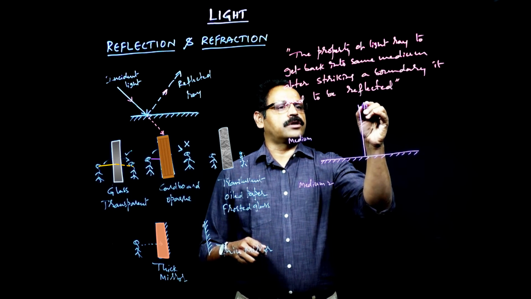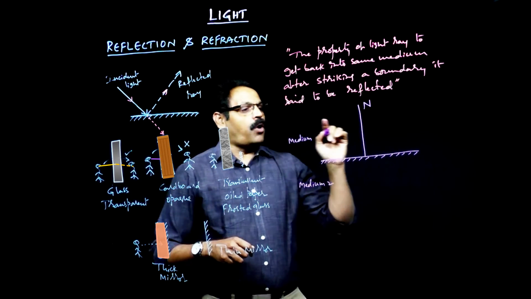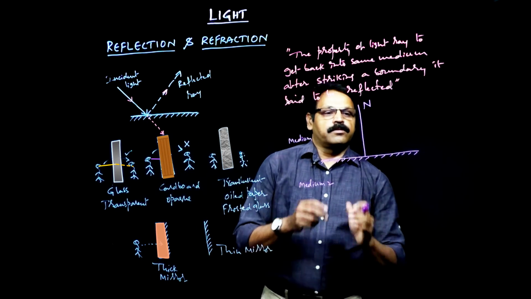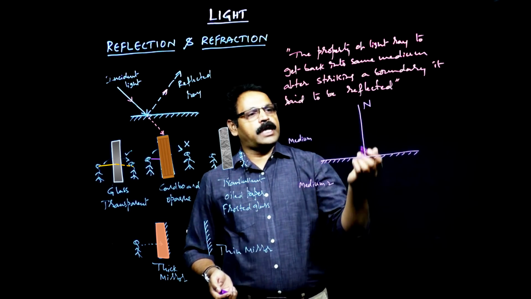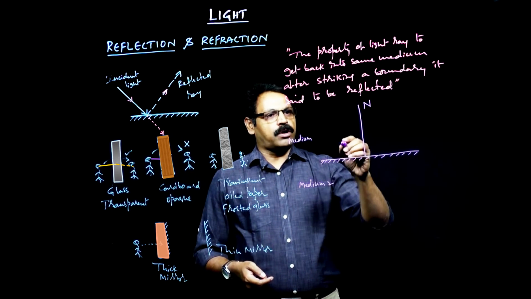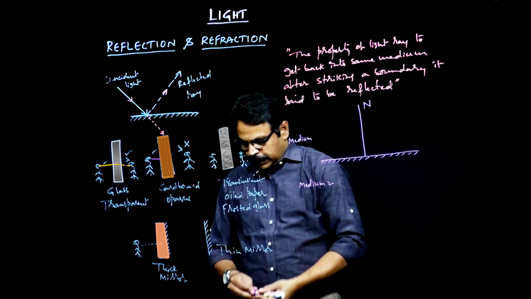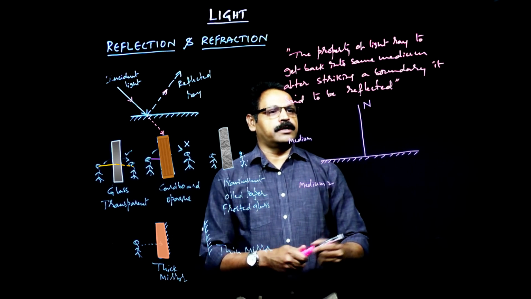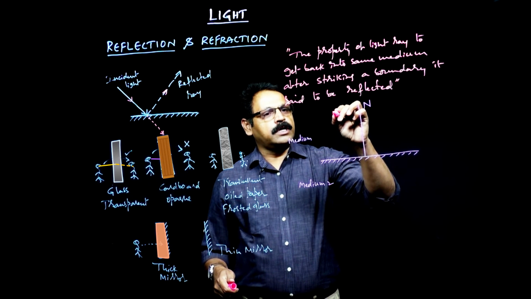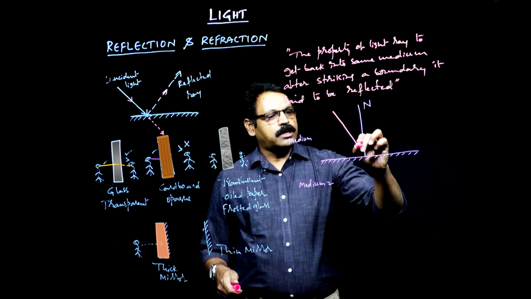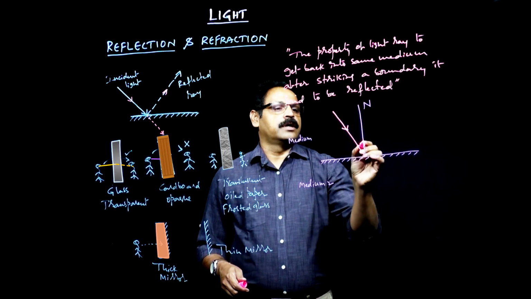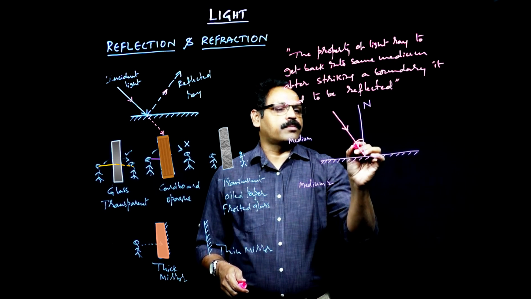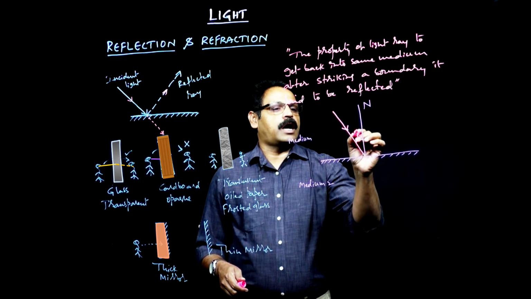This is called the normal. We always calculate the ray propagation or the angles, incidence angle, reflection angle, with respect to the normal only. Let us suppose a ray is falling from here onto the surface. This is how the ray is traveling, and the angle between this normal and this is called I, angle of incidence.